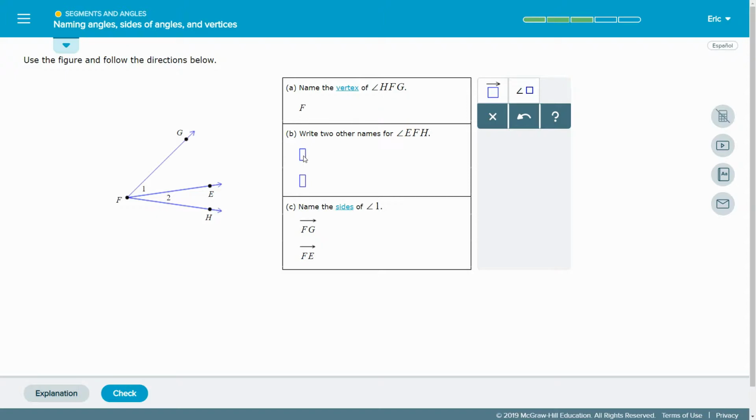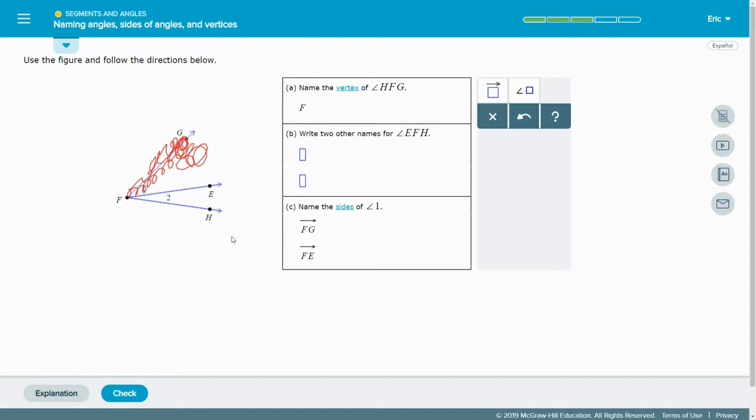And what are the other names of EFH? Angles are pretty easy.